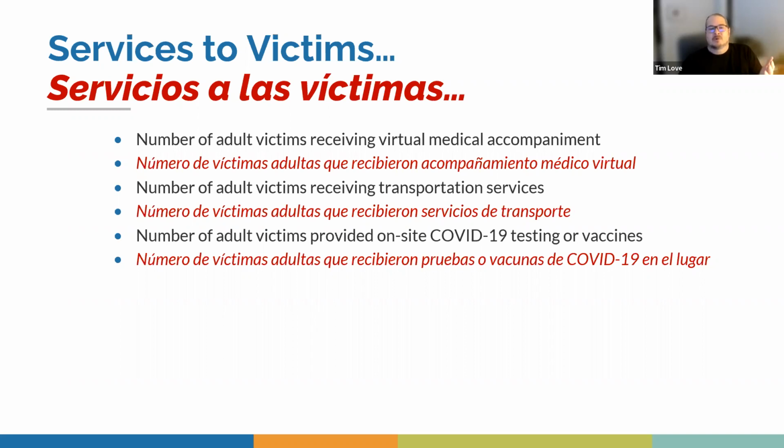You might have one person receive transportation services over the course of a year 10 times, and if that just looks like one, multiplied by however many survivors you're working with, then it doesn't really tell the full scope of the work that y'all are doing. So we don't love the both.